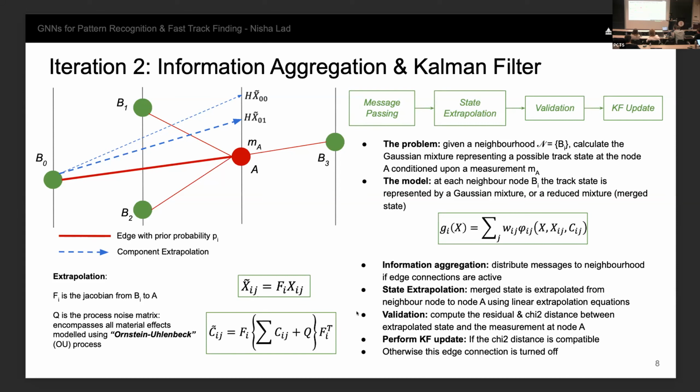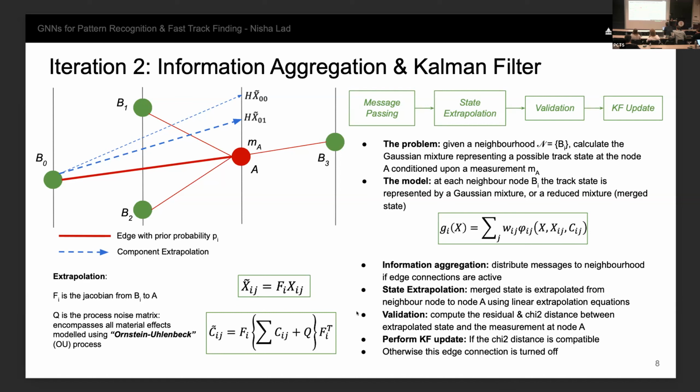We would then validate whether this extrapolation is compatible or not. This is where we would compute the residual of that extrapolated state and the measurement here, and compute the chi-squared distance between the two. If that chi-squared distance is below a certain threshold, we then perform the Kalman filter update, and we say that this connection is compatible, and vice versa as well.